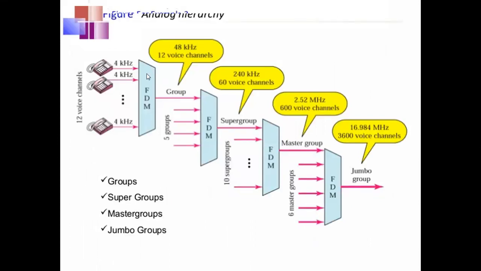In the first group there are 12 voice channels. Each channel has a 4 kHz signal.